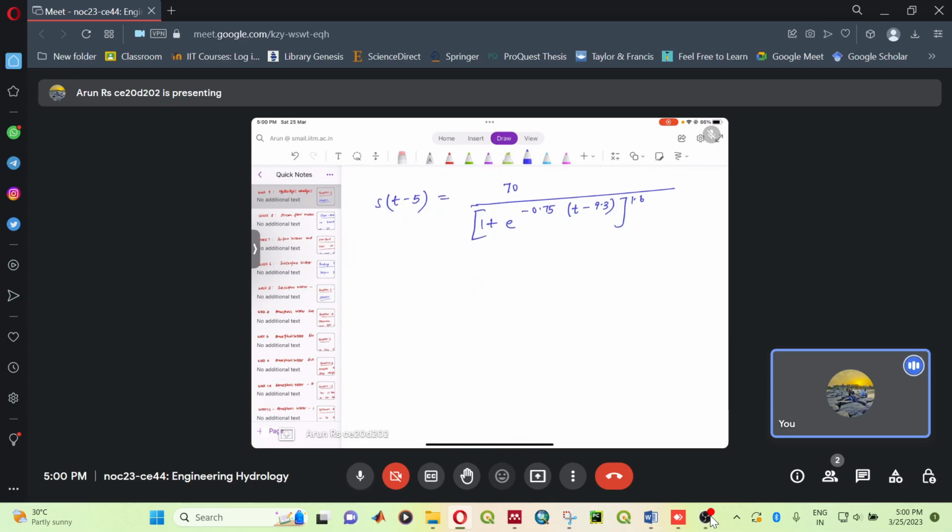So once we know S of t and S of t minus 5, we can find out the unit hydrograph.